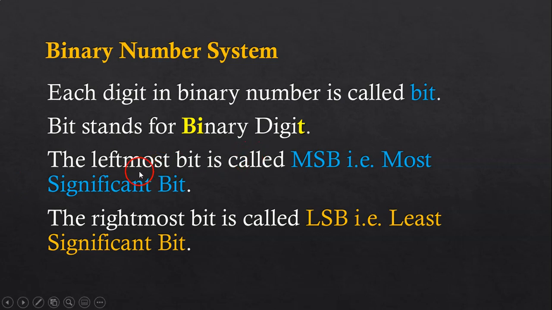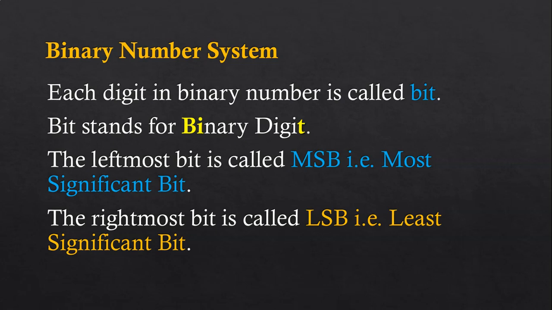Now in a binary number there are 2 very important places. The leftmost bit in a binary number is called the MSB, most significant bit. Just like in a decimal number, if I write 287, then 2 is at the most significant place because its value is at the hundreds place.